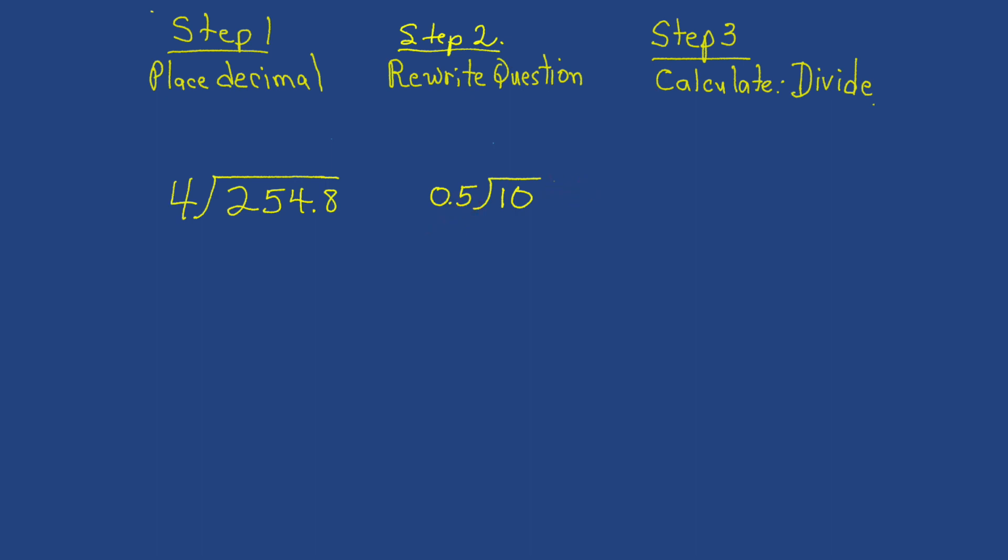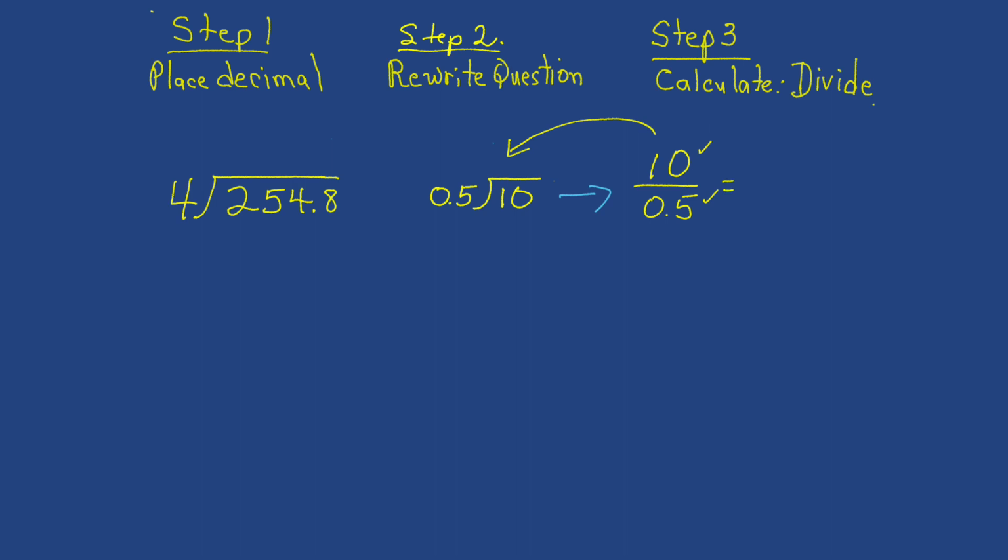So let's rewrite this into another format. And I think you'd be familiar with this. 10 divided by 0.5. So 10 divided by 0.5 is really the same thing as this, just written in another way. Now we have the numerator and the denominator, and you know that whatever we do to one, we do to the other.